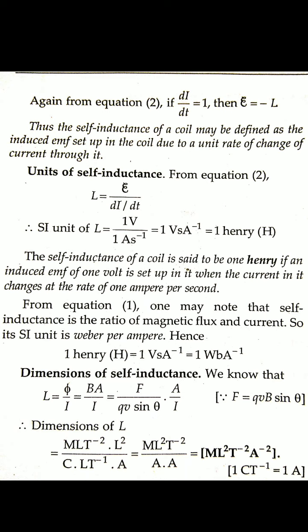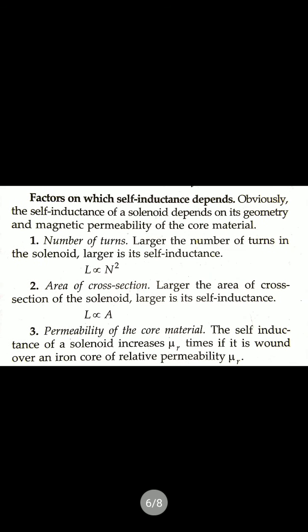The SI unit of self-inductance is Henry, and the dimension is M L squared T to the power minus 2 A to the power minus 2. If you know the formulas such as F, q, v, sin theta, and put in the dimensions of these physical quantities, you can easily get the dimension of self-inductance.